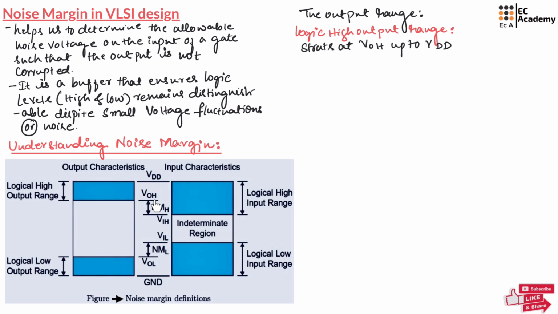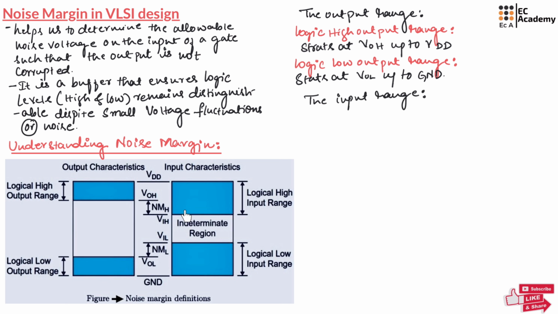VOH is the minimum high output and VDD is the supply voltage. We have the logic low output range that starts from VOL and ends at ground. The input range is divided into the logic high input range that starts at VIH, which is the minimum high input voltage, up to VDD.